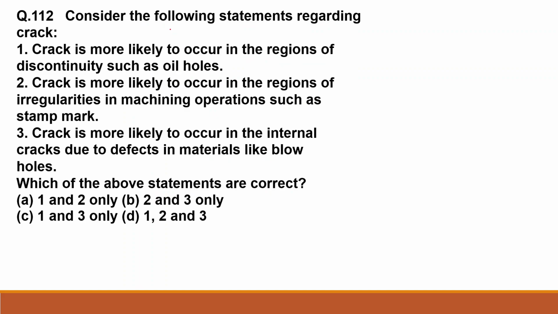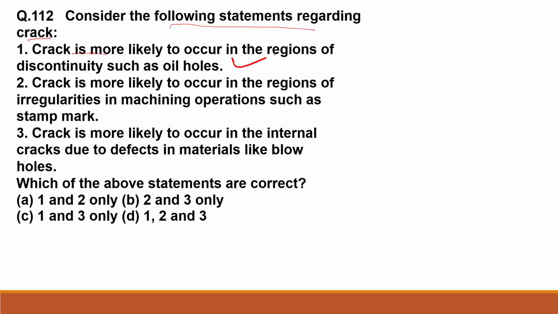Consider the following statements regarding the crack. In this question, we are discussing the crack. A crack is more likely to occur in regions of discontinuity, such as oil holes.